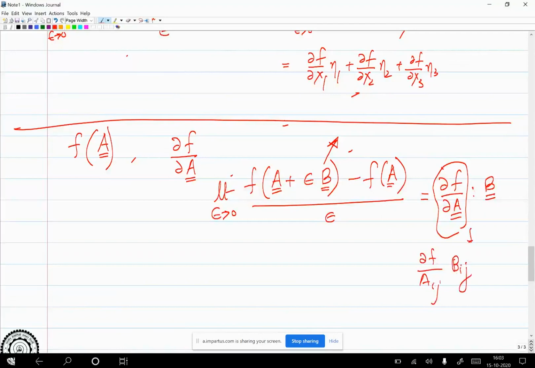Because you see, when you are writing this, you are changing the component Aij by epsilon into Bij. And you are taking derivative only with respect to epsilon. Therefore, you get this del F by del Aij into Bij on the right hand side. I hope you are understanding what I said.